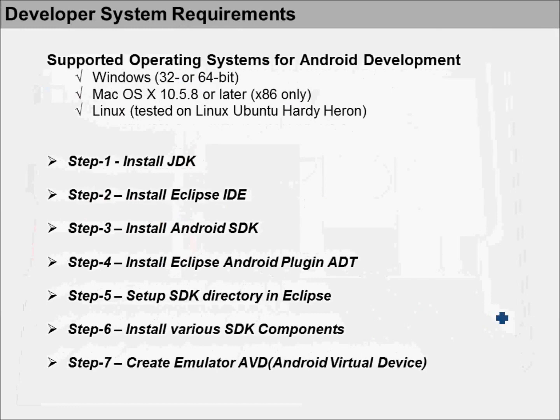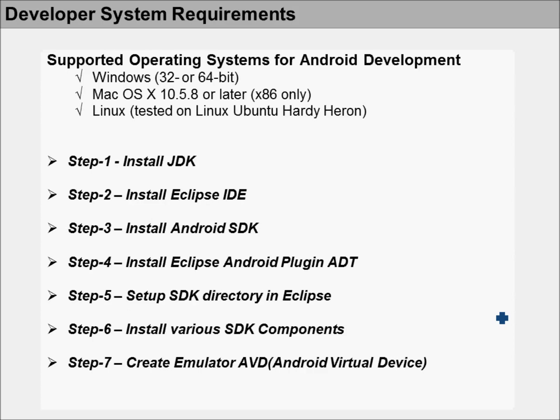Now, let us get back to our task today. We are going to set up a development environment. This environment, as I said, can be done on Windows, 32-bit or 64-bit, Mac, 10.5.8 or later, x86 only right now, Linux, Ubuntu, Hardy Heron, all those.